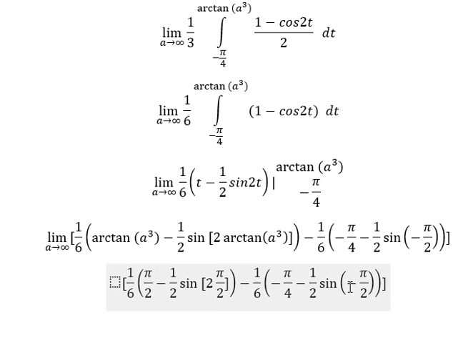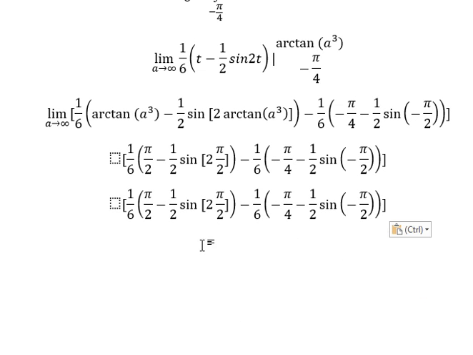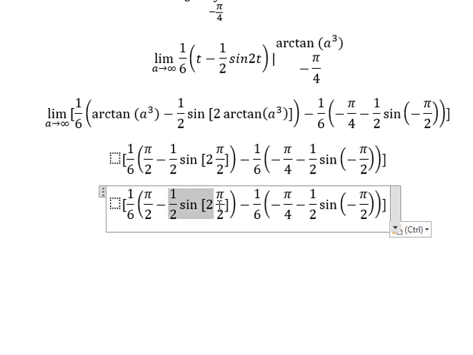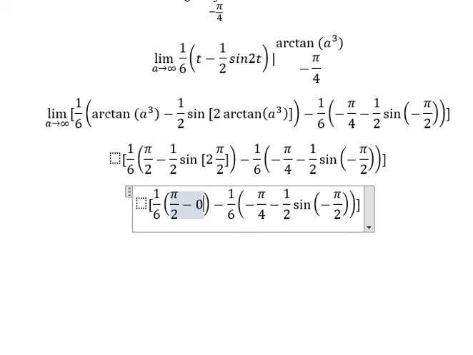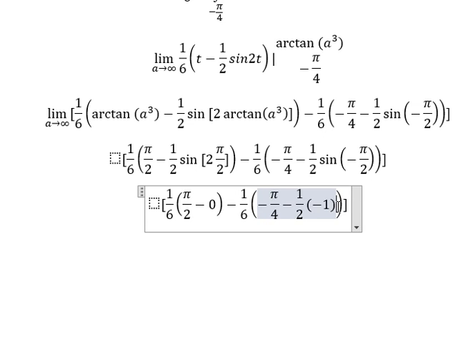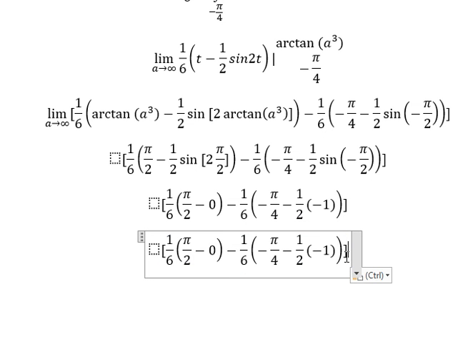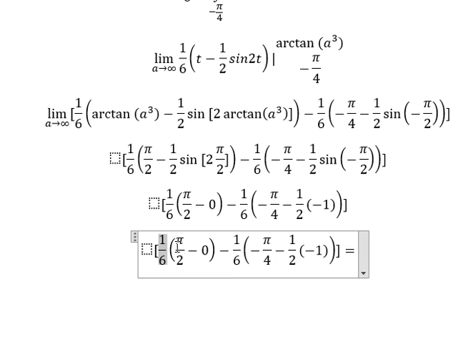Now, we need to calculate. So, this one we have sine pi, and that is about 0. This one, we have negative 1. So, we have 1 over 6 multiplied by pi over 2 and negative 1 over 6 multiplied by negative pi over 4.